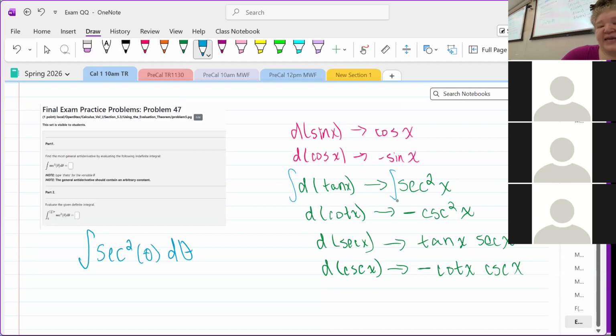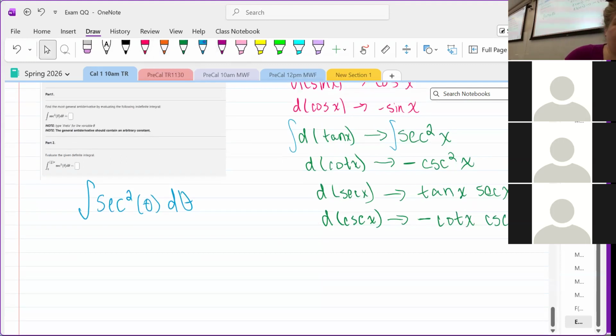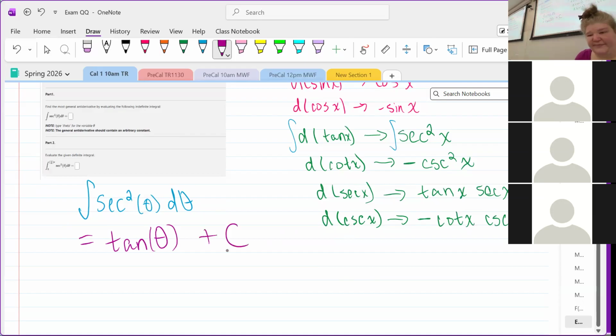So I know that the integral of secant squared goes back to tangent. Whatever variable I'm dealing with, I keep the same variable. So the antiderivative of secant squared theta is tangent of theta. But then because we're doing an indefinite integral, don't forget the plus c.